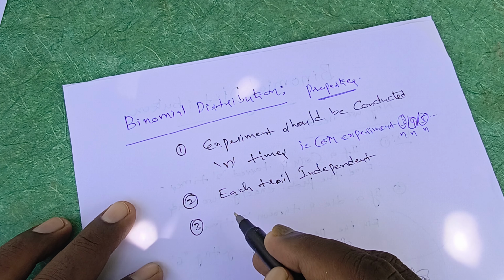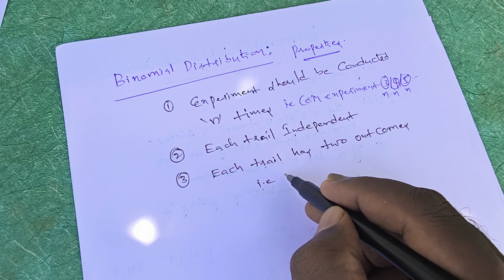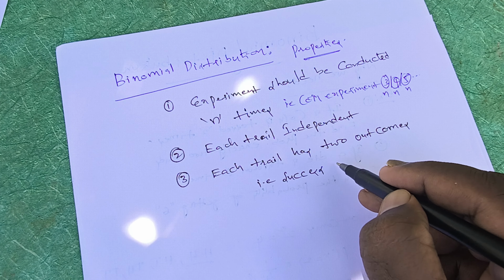And the third property is each trial has two outcomes, that is success or failure. The fourth property is the probability of success or failure in n trials is denoted by: P of success is equal to small p, P of failure is equal to small q.